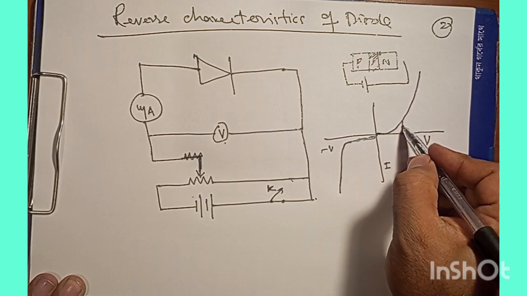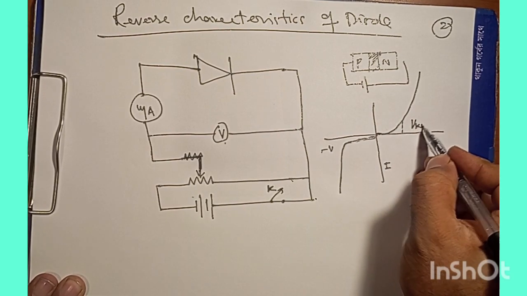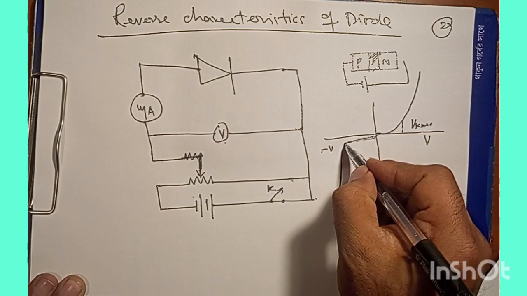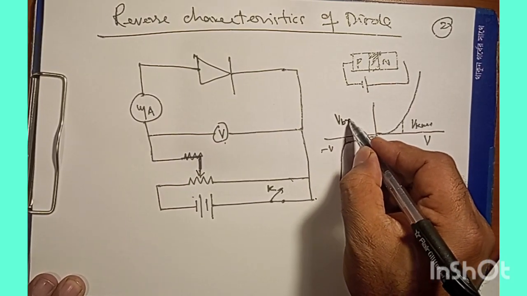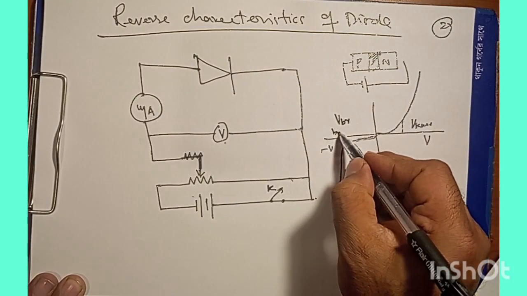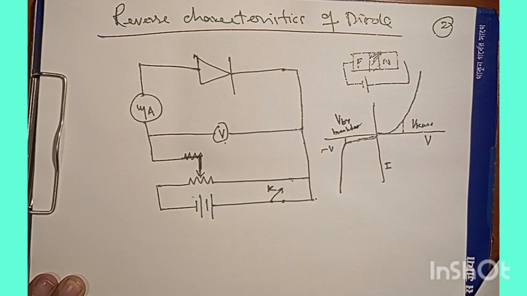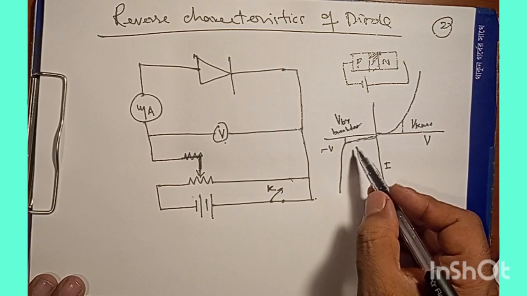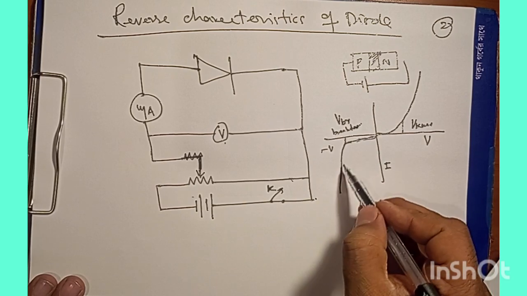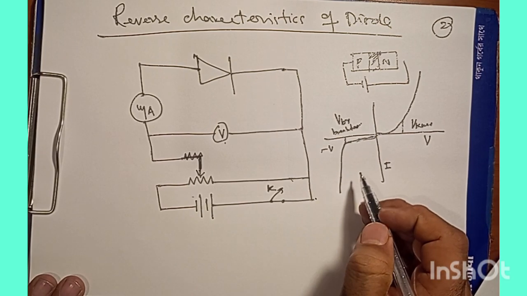And here we have the knee voltage, V knee, VK, and here we have the breakdown voltage, VBR. So this rise in the current in the reverse direction is exponential. It's very large and very fast.